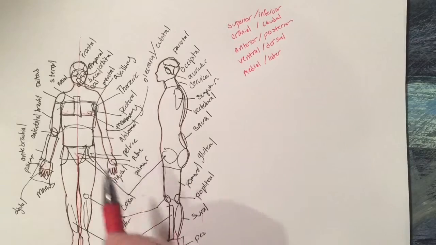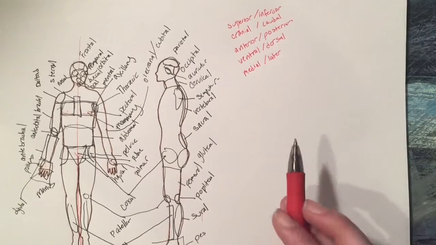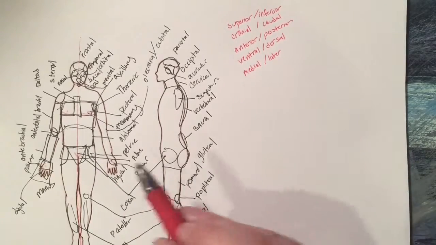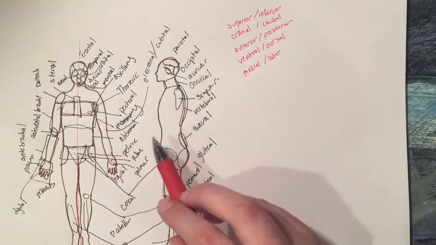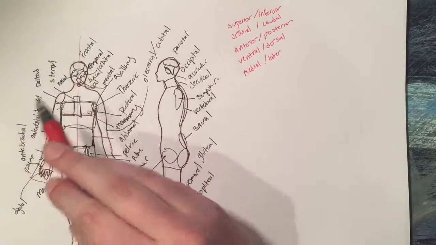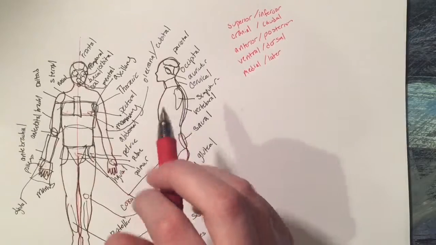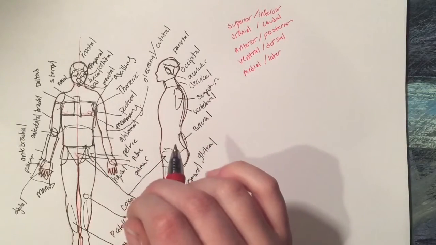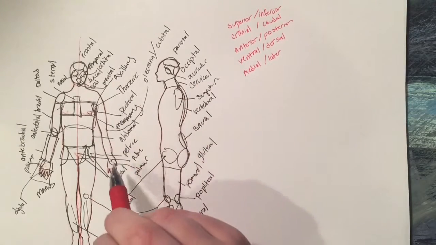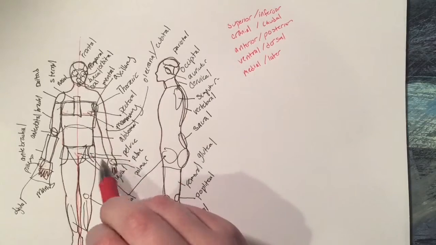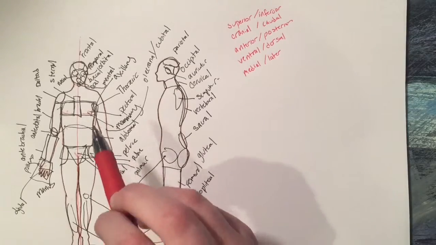Then you have, so anterior, posterior, cranial, and caudal work for everything except for the limbs, because you can move your limb above your head and swing it around and do whatever, so it's not going to be in anatomical position. So when you're referencing the limbs, you would say proximal and distal.